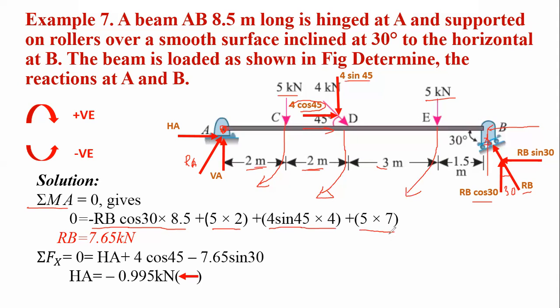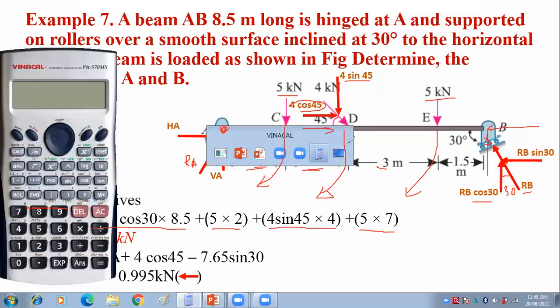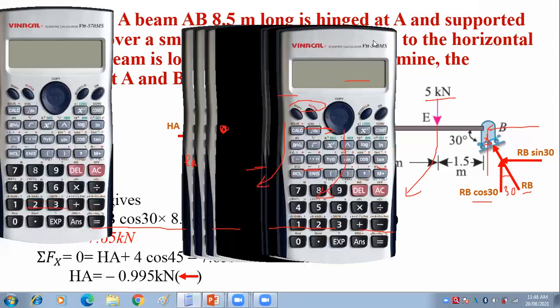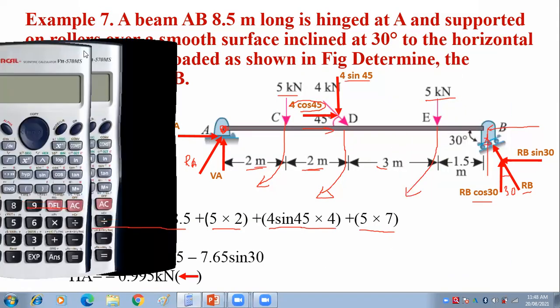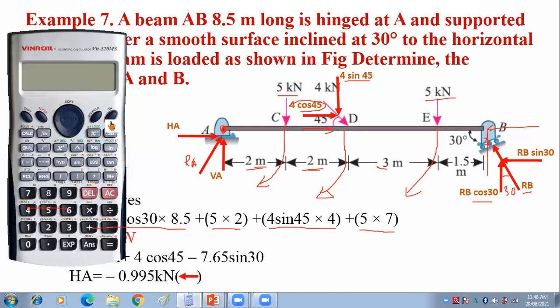Now if you solve these terms, what will you get? 5 into 2 plus 4 sin 45 into 4 plus 5 into 7. This term is 56.31.